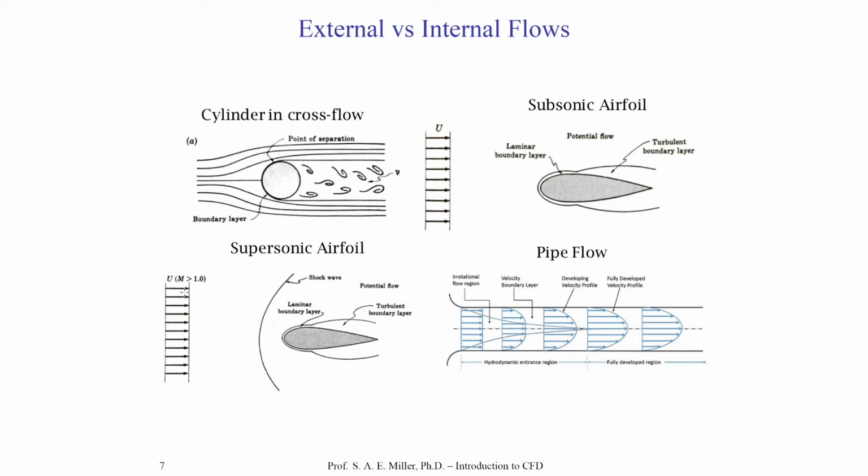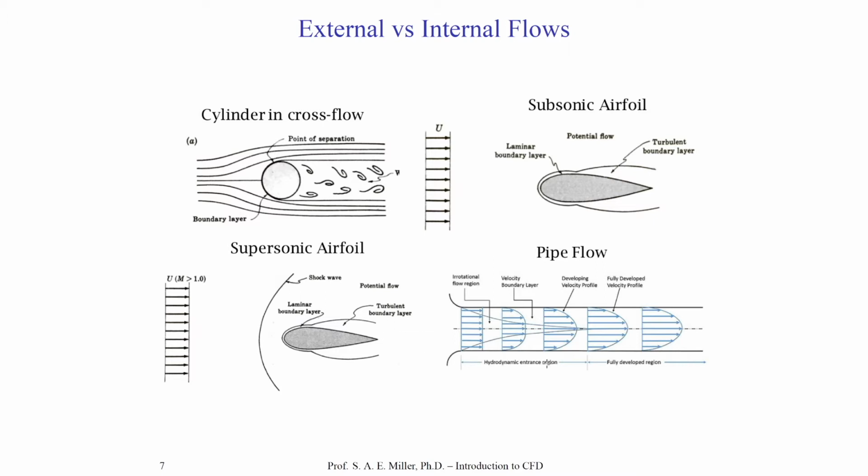Nonetheless, if Mach number is greater than 1, it is a supersonic flow, and you see a shock wave forms. In this case, we have different flow regimes of supersonic, transonic, subsonic, and we have laminar flow, transitional flow, a potential flow far away from the body, and turbulence in the boundary layer and wake of the airfoil. You can see that these problems are very challenging for the solvers because they consist of multiple flow regimes.